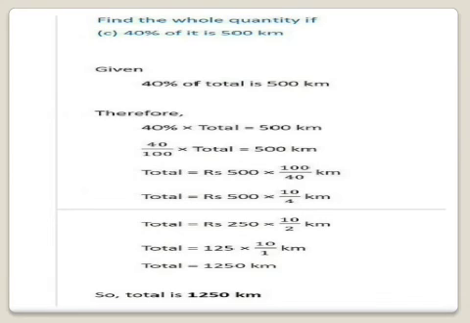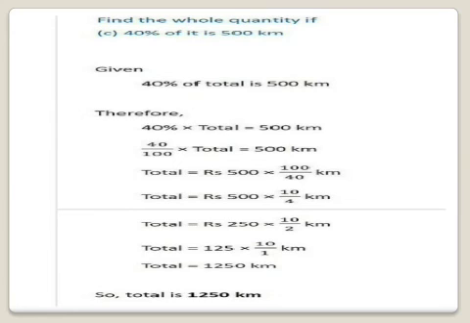To convert the percentage into fraction, we divide it by 100. So 40 upon 100. Multiply by total quantity, which is unknown. When we multiply 40% with total quantity, we get 500 kilometer. Now 40 upon 100 multiplied by total quantity is equal to 500 kilometer.